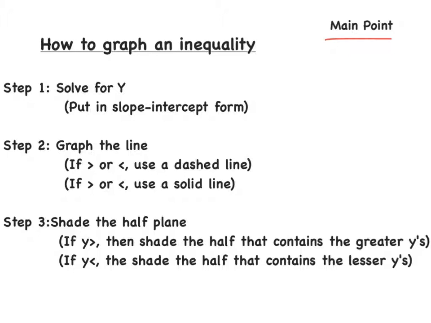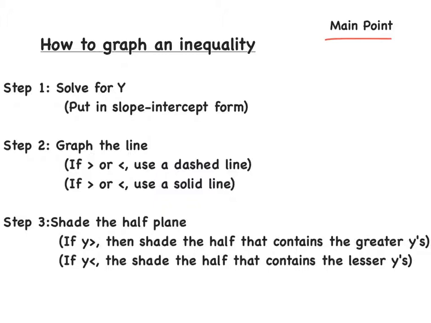So, step 1, solve for y. You're going to put that in slope-intercept form. Step 2, once you have it in slope-intercept form, you're then going to graph the line.